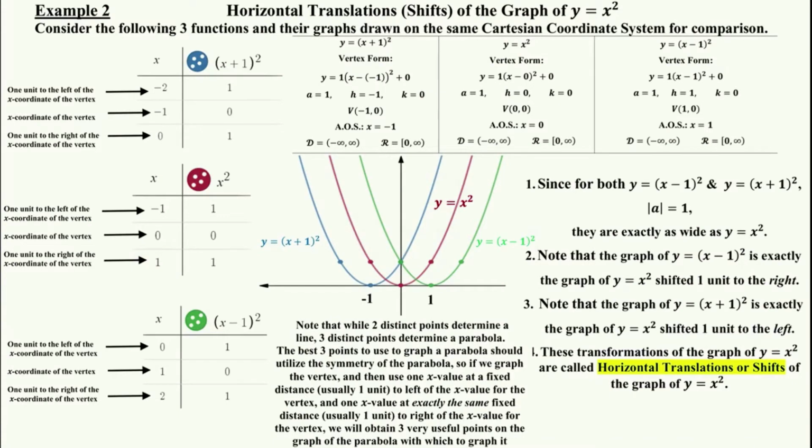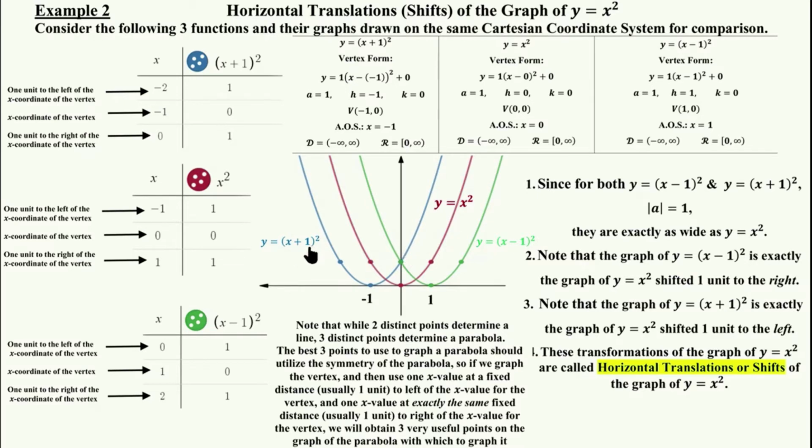All right, next we want to look at what are called horizontal translations or shifts of the graph of y equals x squared. So here we'll look at three different functions. In the middle in red, we have y equals x squared. On the right here, we have y equals x minus 1 squared.